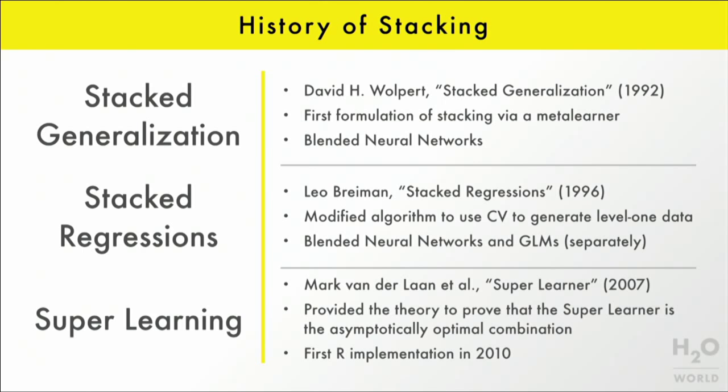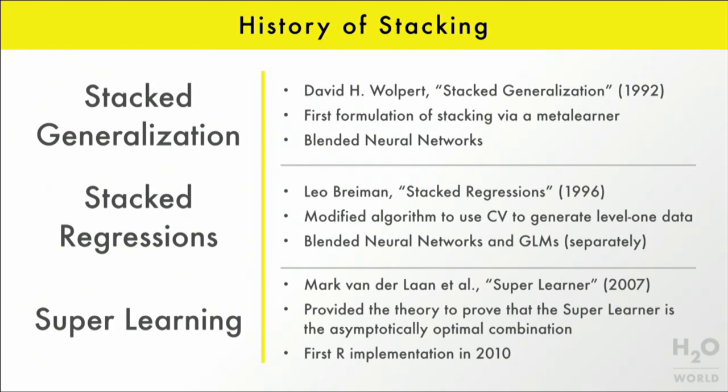The first R implementation of stacking, at least that I'm aware of, was in 2010. There's an R package called Superlearner. And there's one other implementation that I'm aware of that was in the Weka software. That's actually been around for a little while. I don't know exactly what year that was written, but that's pretty much the only other implementation that I'm aware of. Now there is a package called Caret, if you're an R person, and there's a new add-on package for that called Caret Ensemble.